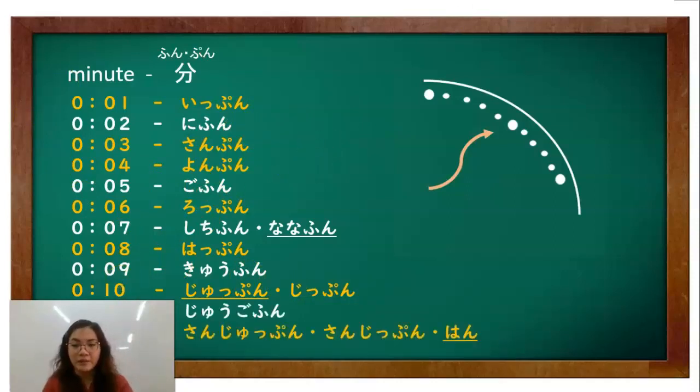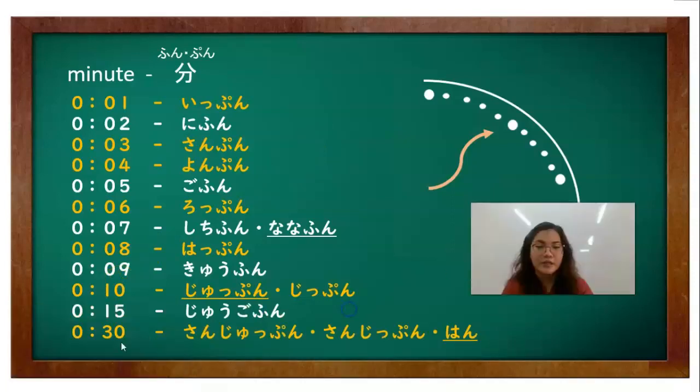Additionally, here are 15 and 30. 15 is Ju Go Fun. Since 5 is the last, you just say Ju Go Fun. For 30 minutes, Sang Jupun is okay, Sang Jipun is okay, and Han is also okay.